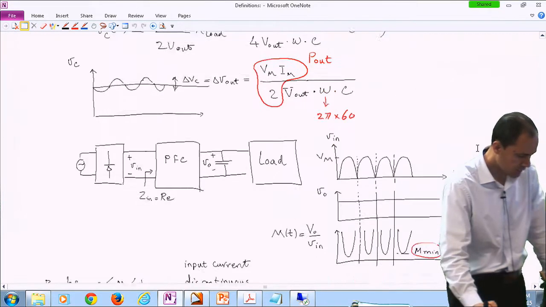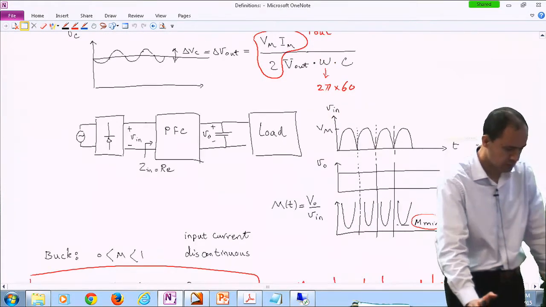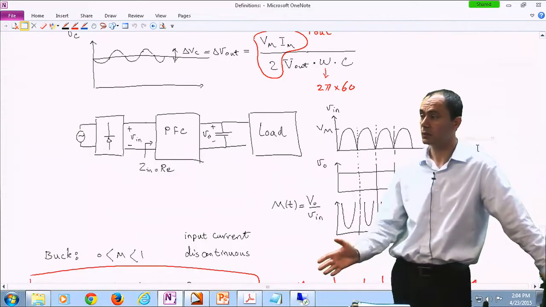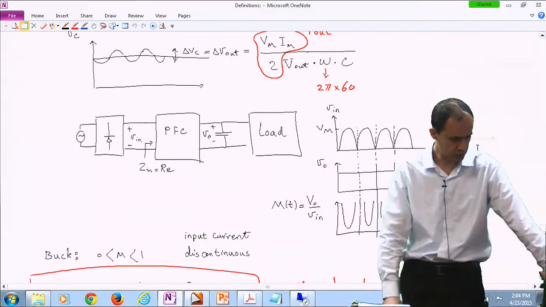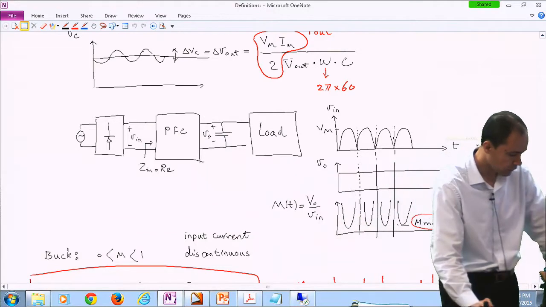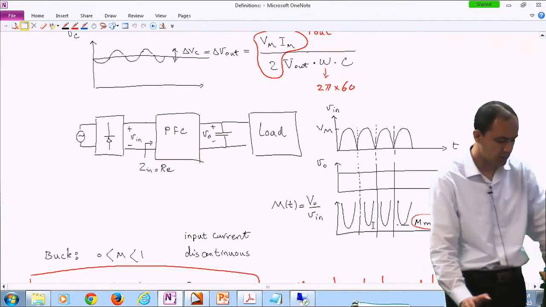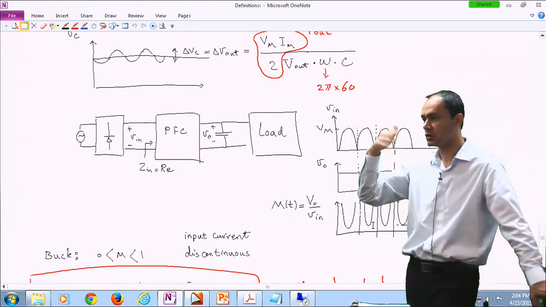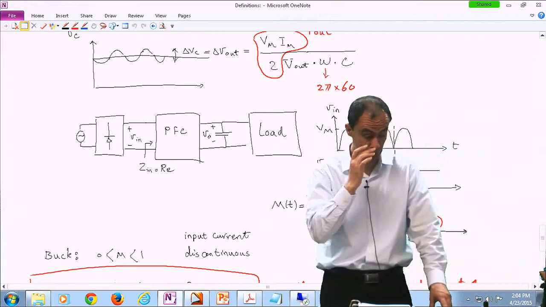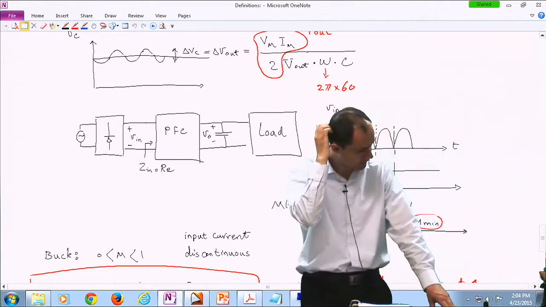Then we tried to find out, with the classic converters that we are familiar with, what topology would actually suit our application. We realized that our voltage transfer ratio should have a minimum value, and then it should be larger than that minimum value all the way, ideally, to an infinite value.